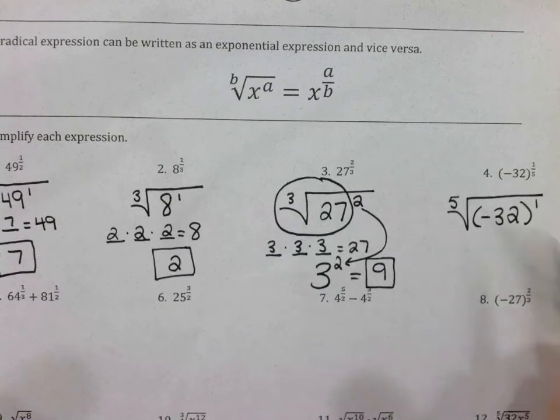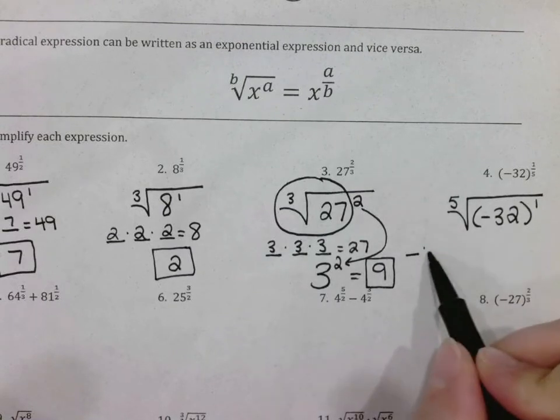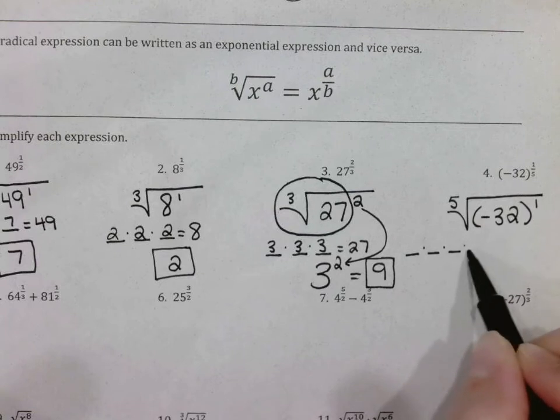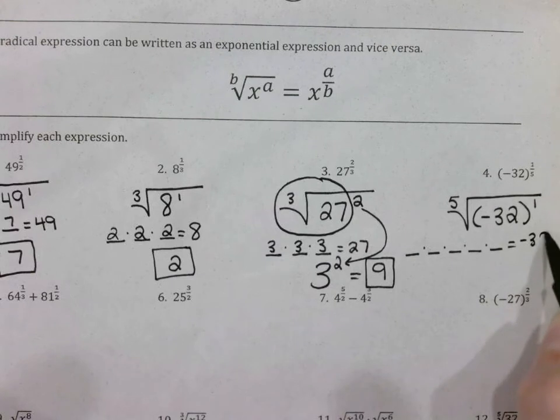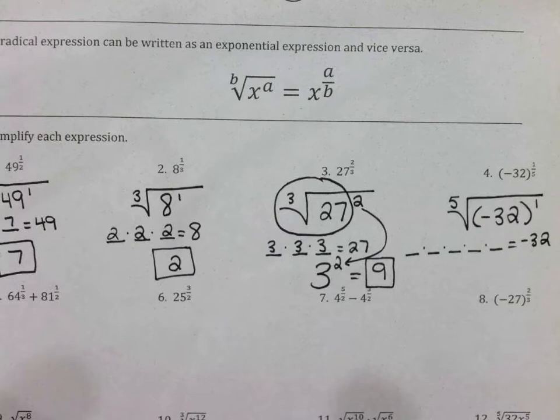Okay, so now we need 5 things. Something times something times something times something times something that's going to multiply to get us a negative 32. And so the more you do this, the better you'll get at it, but you may want to test some things out. And your first thought might be a 2, right? 2 times 2 times 2 times 2 times 2, but that gets us positive 32.